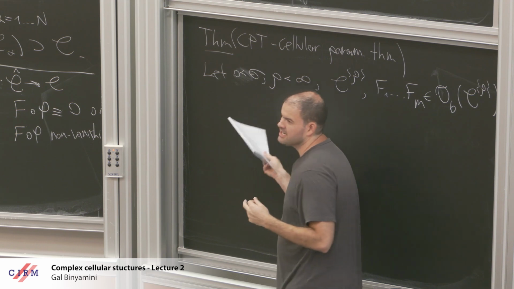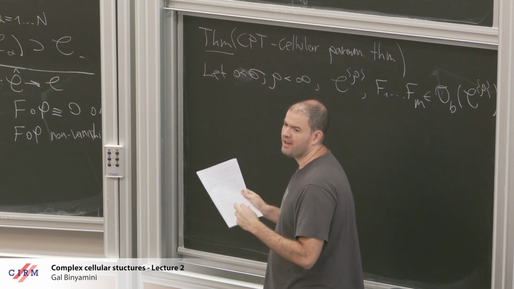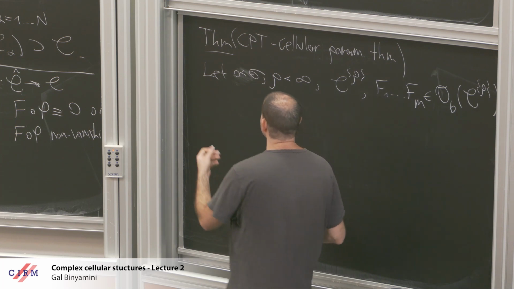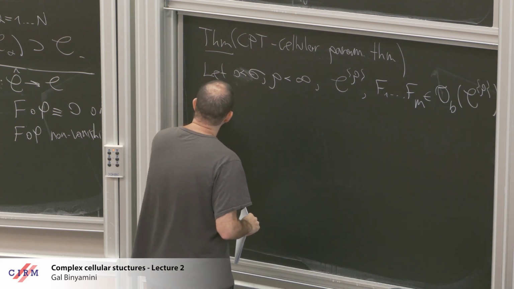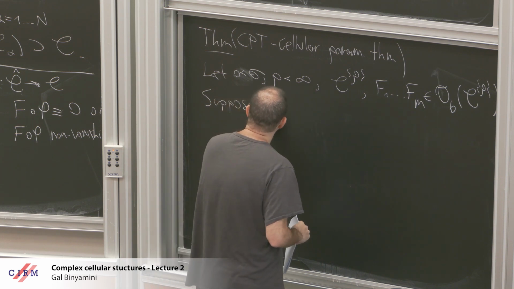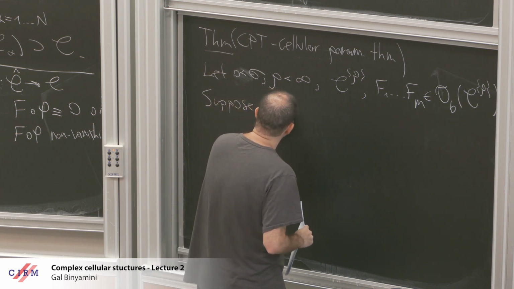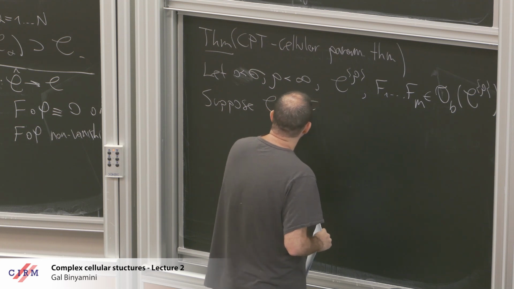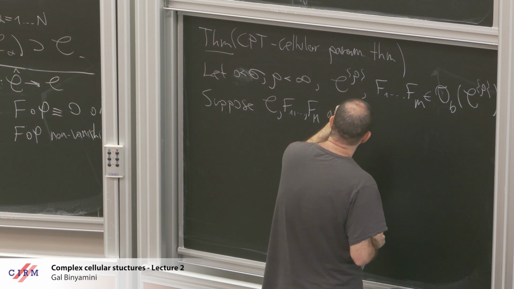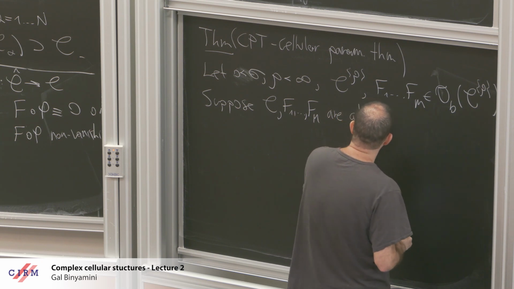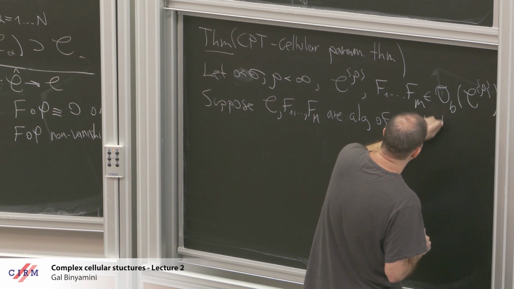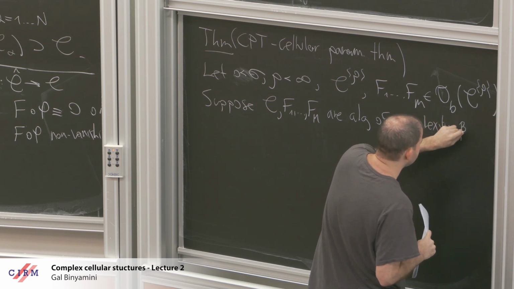Now, this theorem has an analytic version and an algebraic version. So I will state the algebraic version. I'll just say in words what happens in the analytic case. So suppose that C and all of these functions are algebraic of complexity beta.